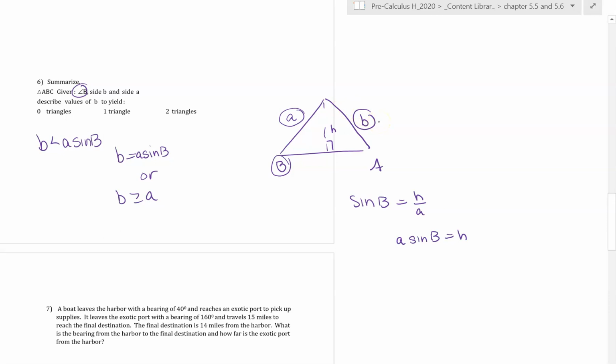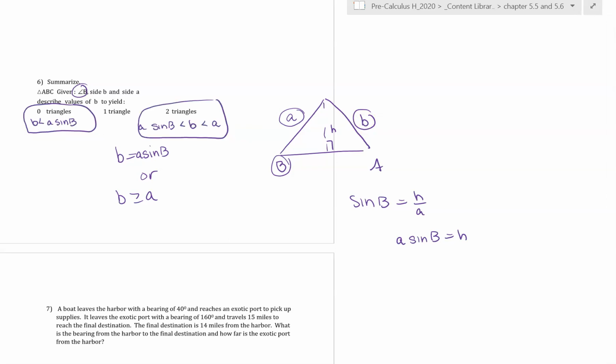And then 2 triangles would be if the side B is greater than the height. There you go. 0 triangles if side B is less than the height, which was A sine B. 1 triangle if B was greater than or equal to A, or if B was equal to A sine B. And 2 triangles if it's right in between, if side B was greater than the height, which was A sine B, and less than A. So notice we have given information that is ASS, and we just used the law of sines.